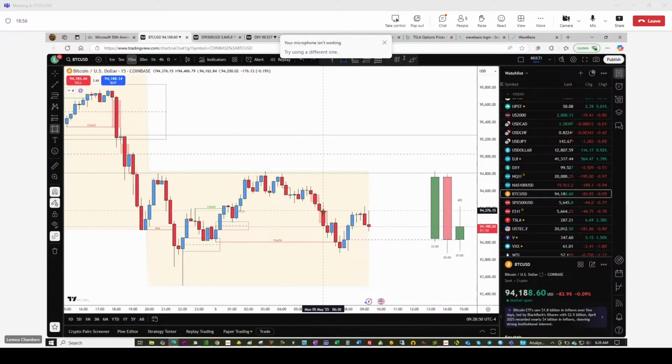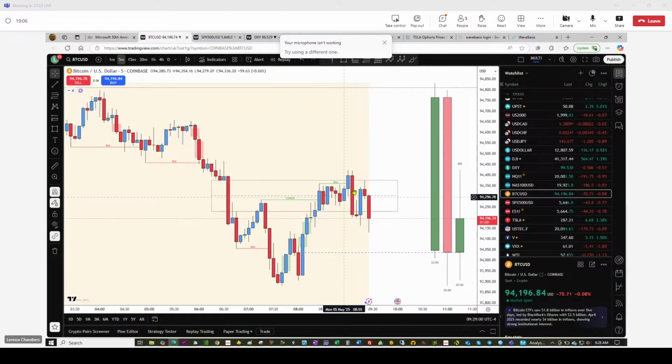So this is the last gap that we came through on the 15. On the 5, held pretty well. Now we're looking to fall. So see how it looks on the 1 minute.